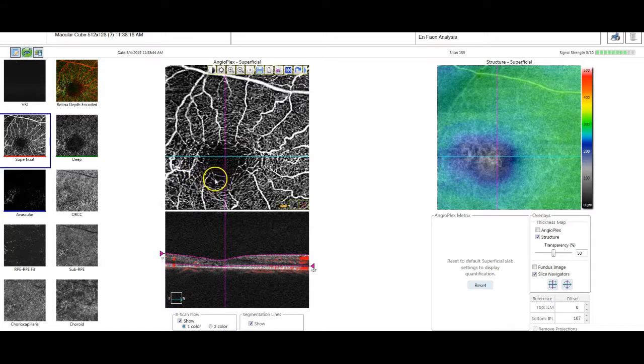You'll see this more commonly in diabetics or ischemic retinopathy, but again, you'll also see this abnormal area of vascular change, particularly marked temporally, common in idiopathic macular telangiectasia.